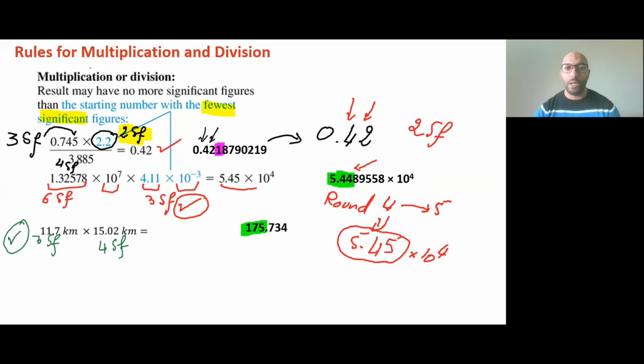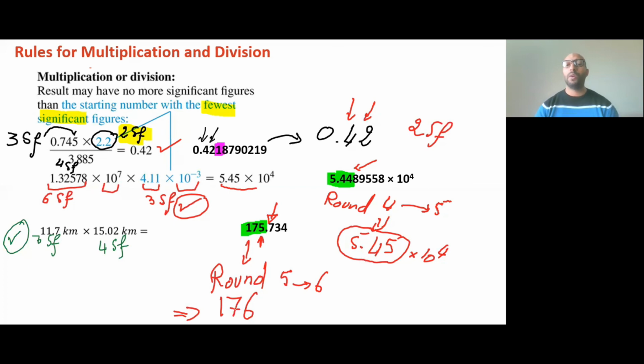But as I told you, be careful. You have to check the number after the last significant figure. This number is 7, which is greater than 5, so we will round this 5 up to 6. And the result will be 176. How many significant figures here? We have 3.